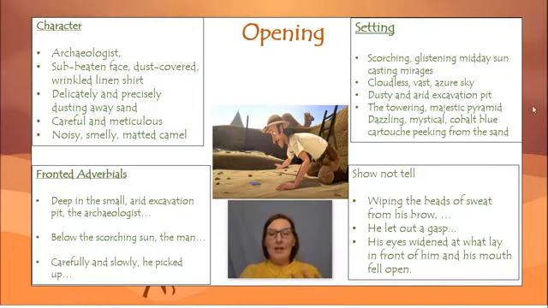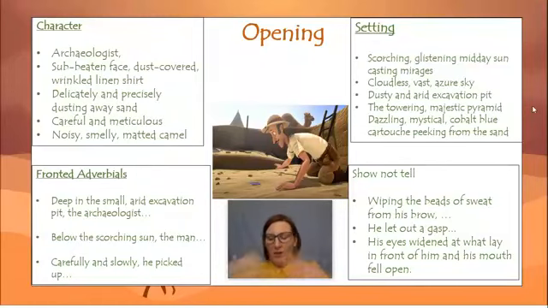Okay, so here in the opening we had the two characters, didn't we? So that's my first part of my story opening. All right, so we had the archaeologist. He was sun-beaten faced and he was dust covered, and he had a wrinkly linen shirt where he'd rolled up his sleeves to get into the sand. He was very careful and meticulous, wasn't he?